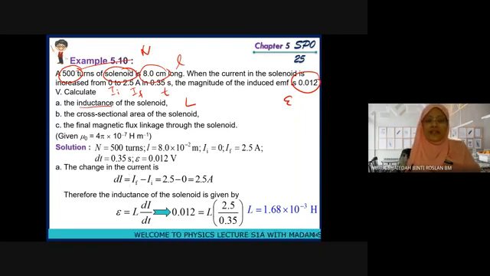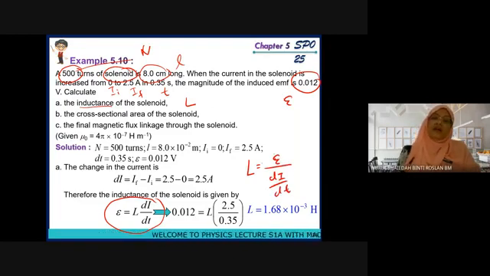So how do we find L? First, you can use the general formula, EMF equals L di over dt. Or you can directly use the formula L equals EMF over di over dt. L is what we want to find, and EMF is already given here, 0.012. di over dt means I final minus I initial divided by time.